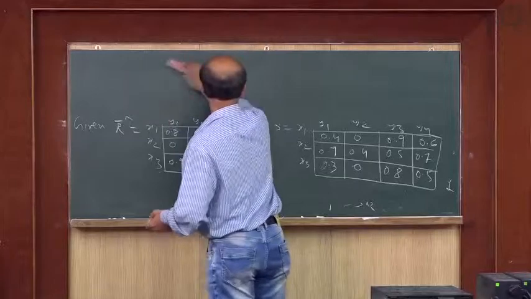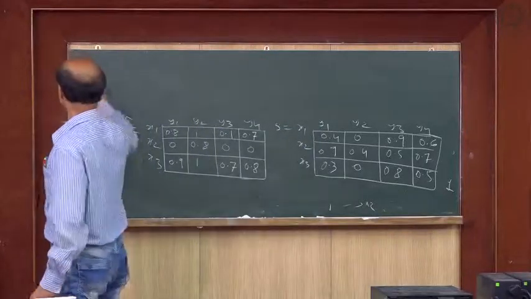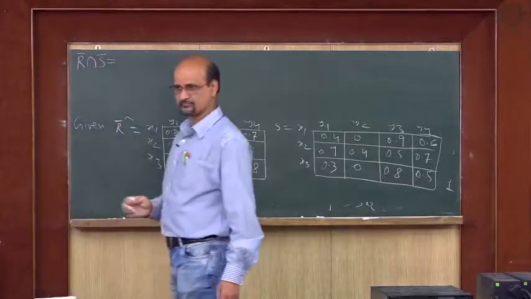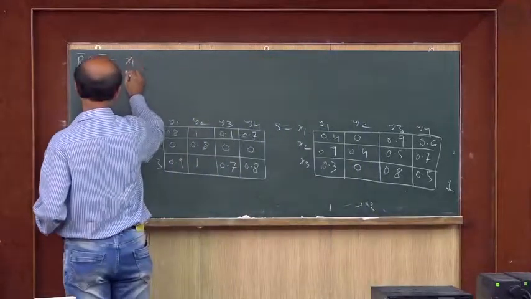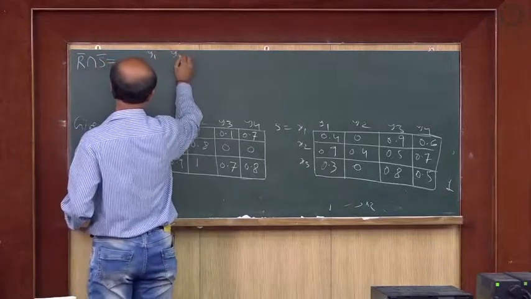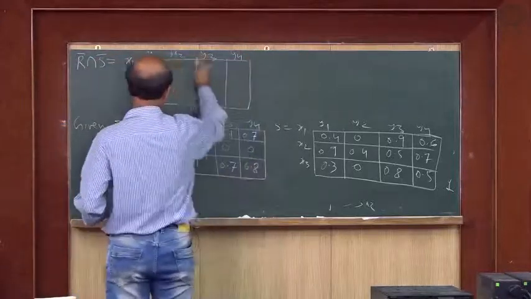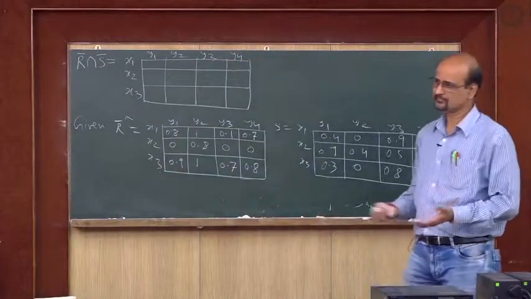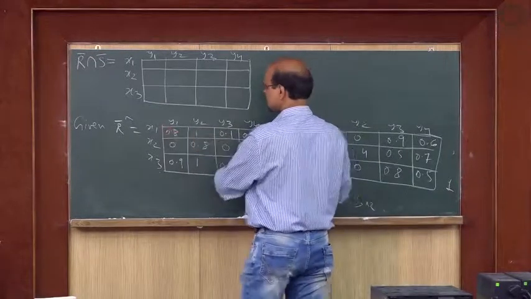Now I want to find first R bar intersection S bar, the intersection of these two relations. You know the definitions I wrote in the last class. So let us have x1, x2, x3 and y1, y2, y3, y4. What was the definition? Very easy. Minimum of this and this, that is 0.4.